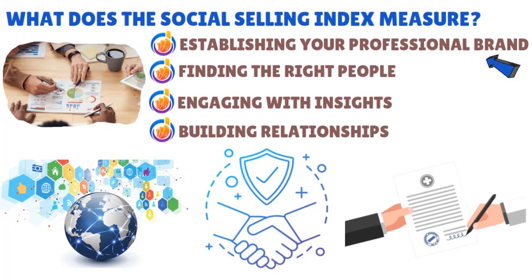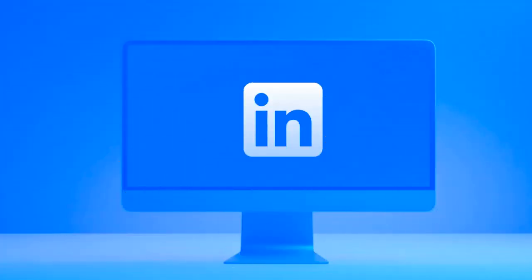Another way to boost your SSI is making sure you are finding the right people. To measure your ability to find high quality connections, LinkedIn evaluates your activity on its Sales Navigator tool, which is only for premium LinkedIn users, though. You will need to show you can create meaningful connections and build your professional network with relevant people using the tools LinkedIn provides.